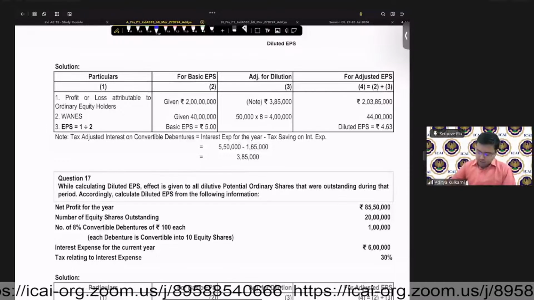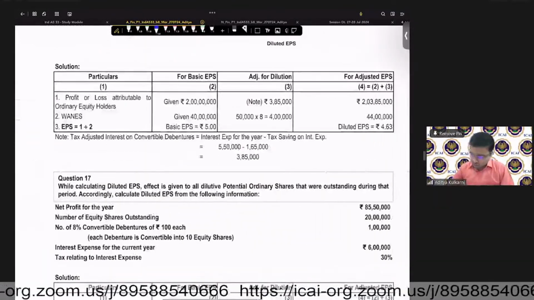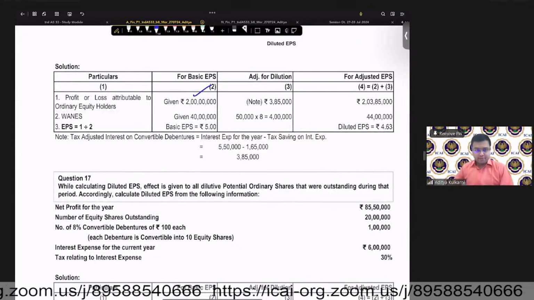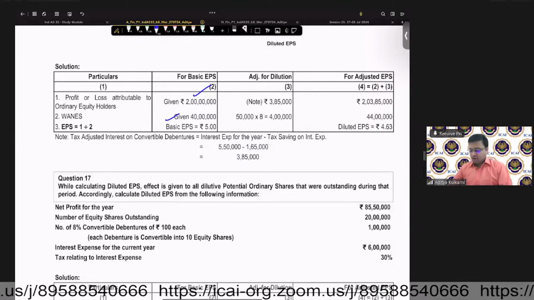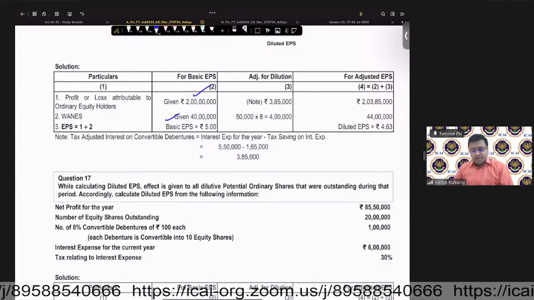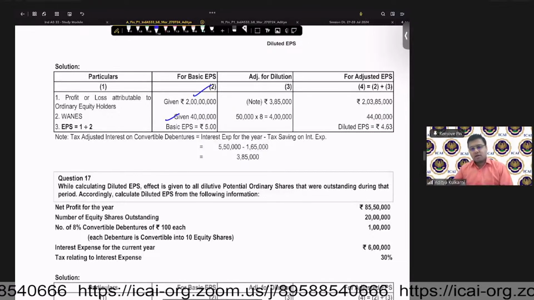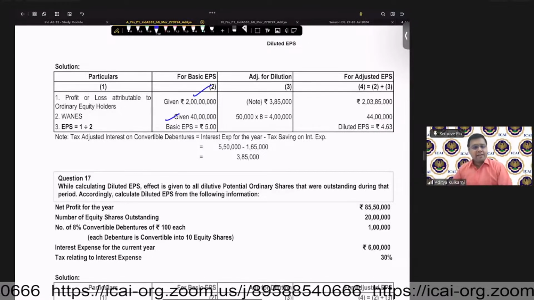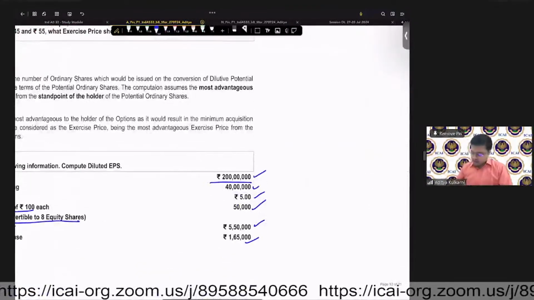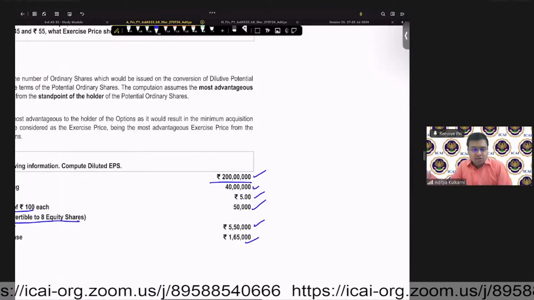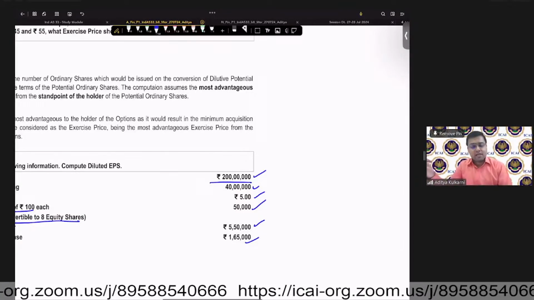First, you are given that the basic EPS profit is 2 crores. So we start off with 2 crores. Now, the number of shares is 40 lakhs. So 2 crore by 40 lakhs is rupees 5 per share. Then we do the adjustment for dilution. So 3,85,000 is your adjustment for dilution. How is this 3,85,000? 5,50,000 is the interest component that will be saved in the future when the debentures get converted to equity.